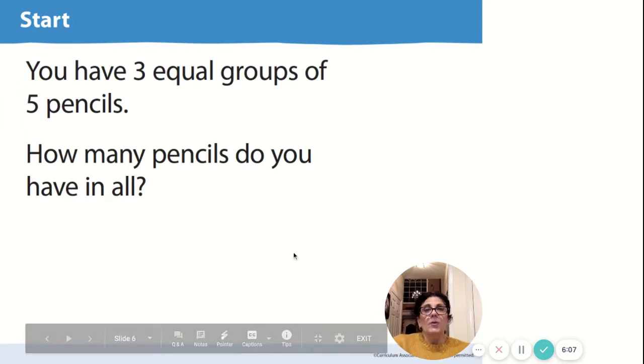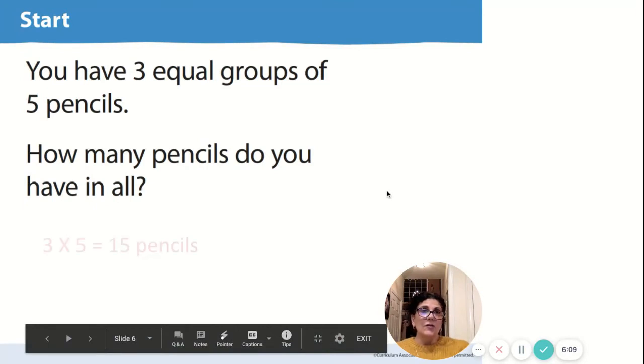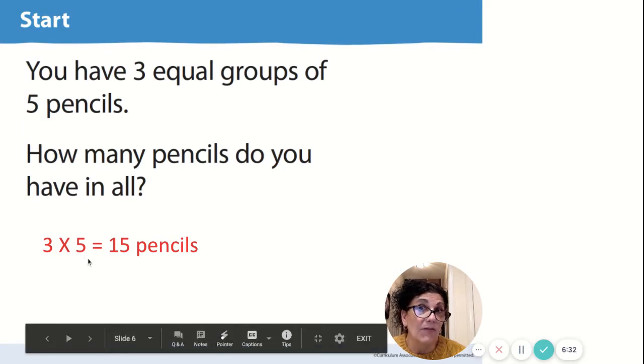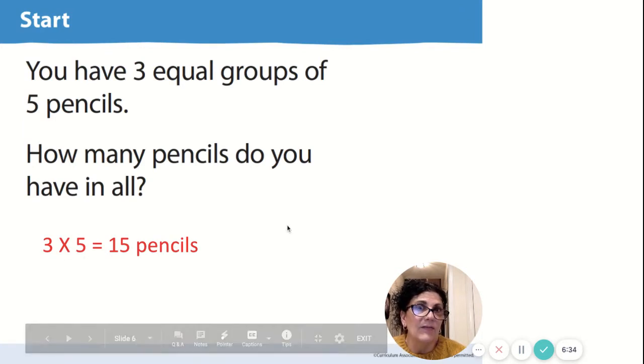So when you're given a problem such as this, I hope that you said to yourself, well, I have 3 groups and I have 5 pencils in each group. Therefore, this repeated addition would be 5 plus 5 plus 5. Or you can skip count by 5 3 times, and that looks like 5, 10, 15.